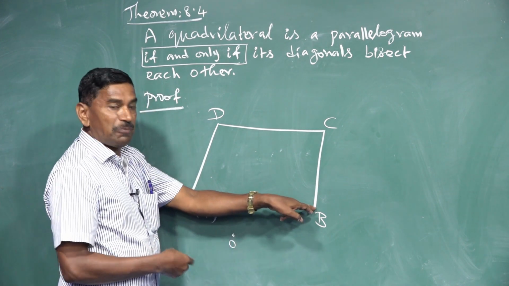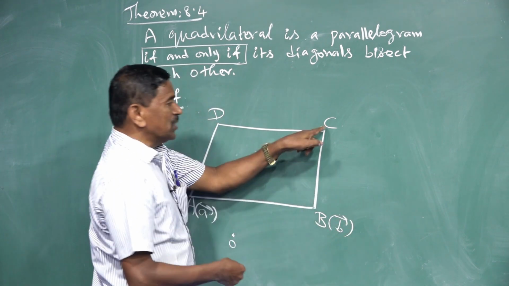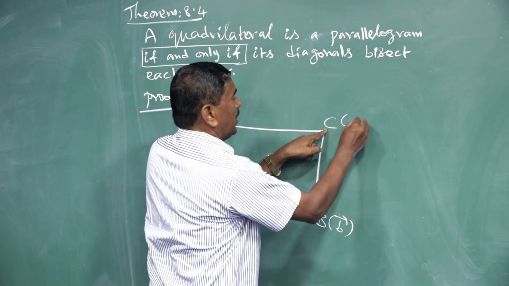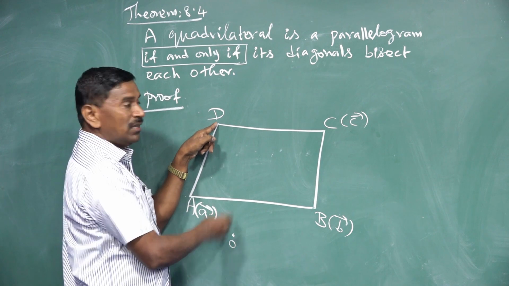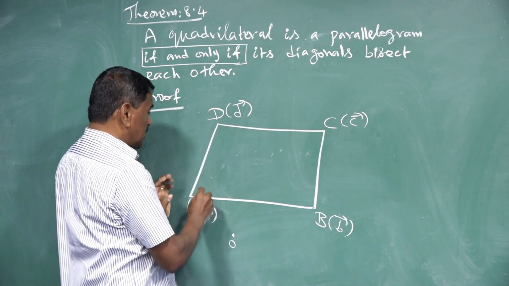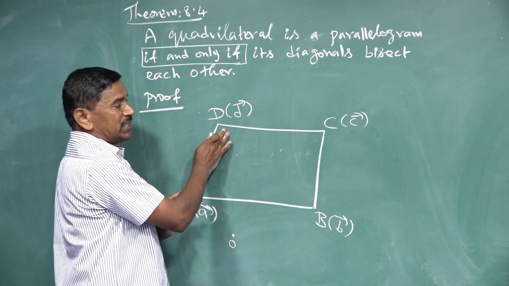The position vector of B with respect to origin O is B vector. The position vector of C with respect to origin O is C vector. The position vector of D with respect to origin O is D vector. And we know that here AC and BD are the diagonals.